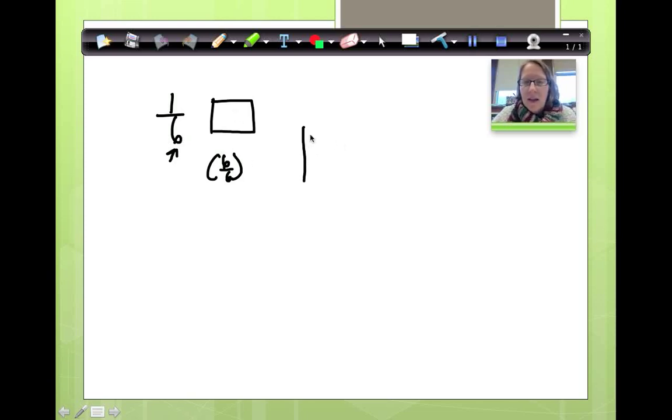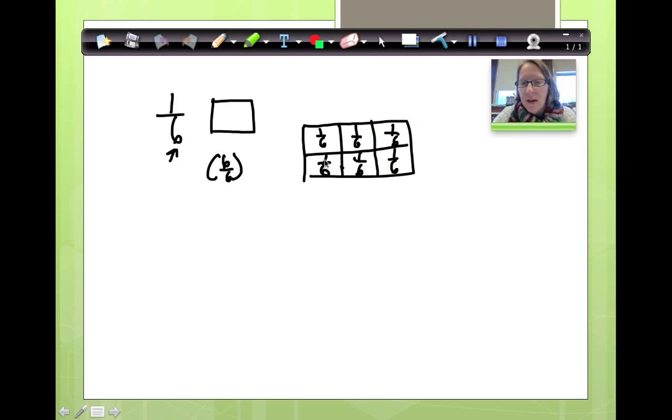Okay, so you could do it several different ways. You could do it this way. That'd be 1, 6, 1, 6, 1, 6. I copied it essentially 6 times, or 5 times in order to make 6. Okay, so I just showed how this can make one whole. But could I have done it a different way?